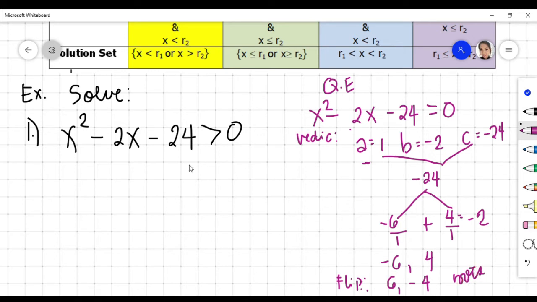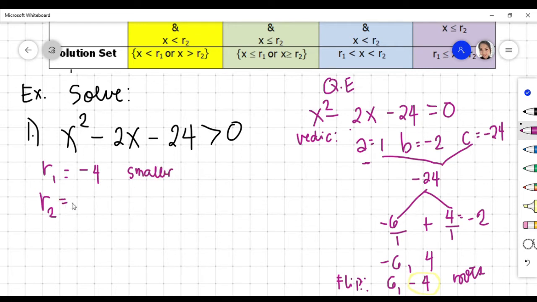Now we have to assign the roots as R1 and R2. R1 would be our smaller root. So the smaller root here is negative 4. So let's write negative 4. This one is the smaller.